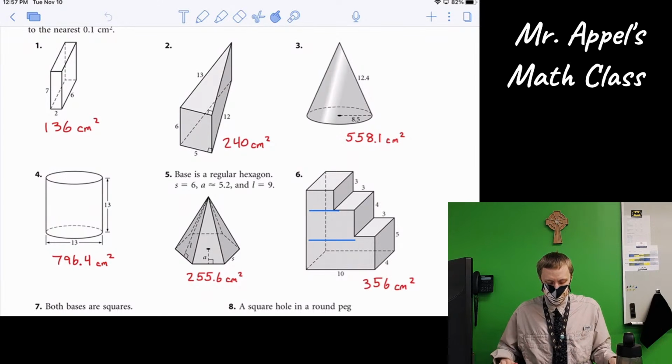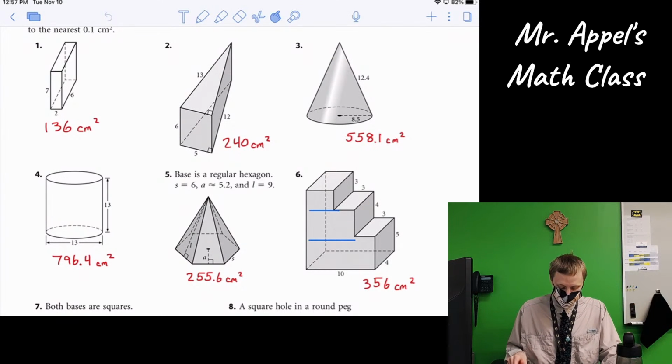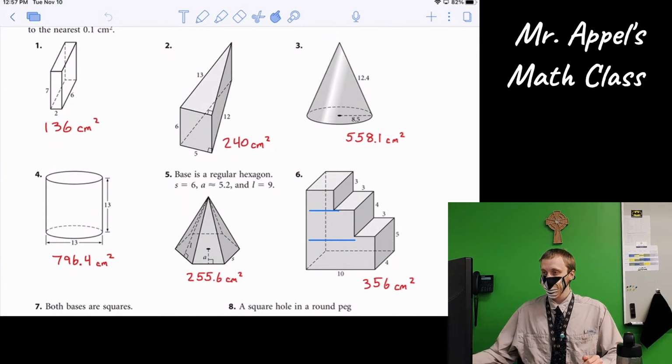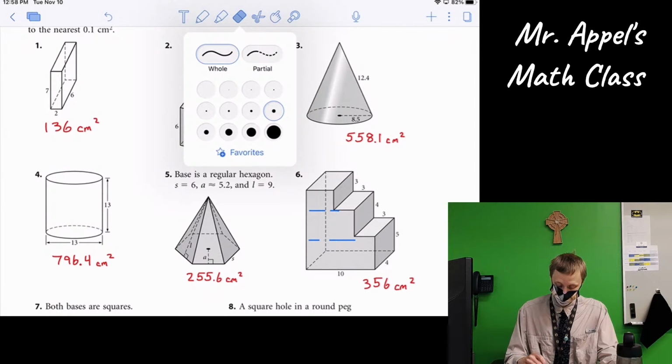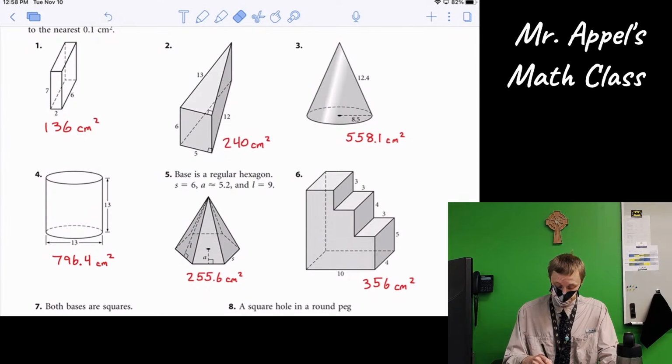First three, very straightforward. Apply appropriate formulas. Same with 4. We talked about number 5. Little tricksy, but doable. 6 has this awkward thing here. You can divide it up any way you like. You could go vertical. Oops, I want the whole thing. Make it easy. There we go.